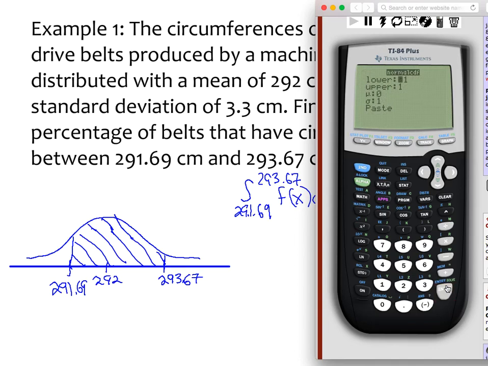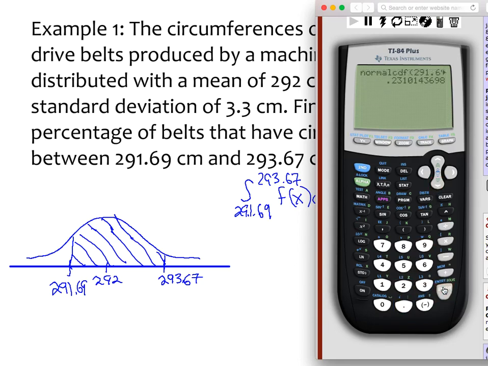So the lower value is simply 291.69. The upper value is, of course, 293.67. The mean, of course, is 292. Standard deviation is 3.3. Could this get any easier? I think not. We hit enter.